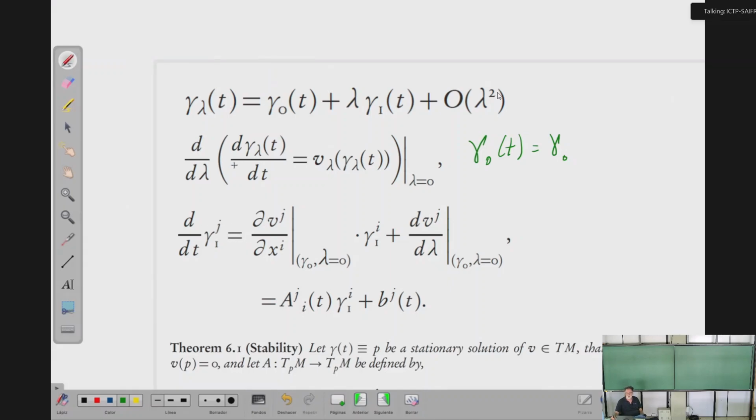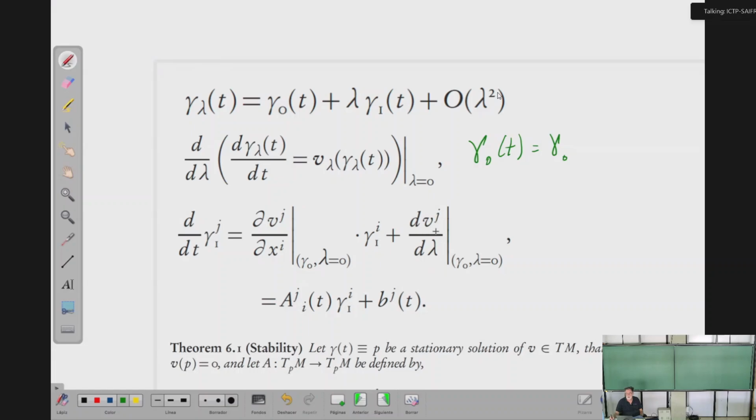And so what I will get is that the derivative of this term with respect to time is equal to the derivative of the vector field with respect to the coordinates times the solution. So this is a linear system plus some derivative of Bj with respect to lambda.